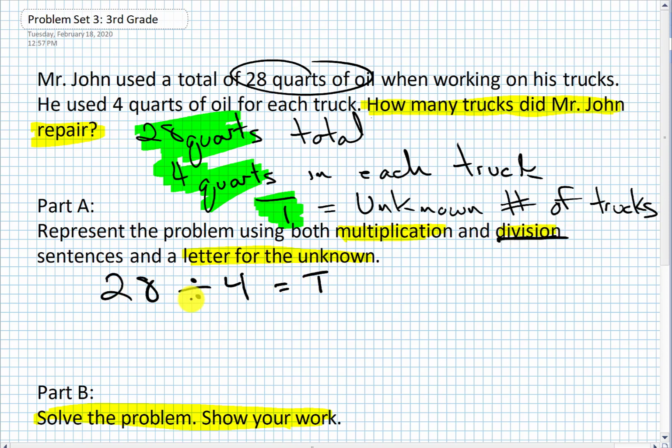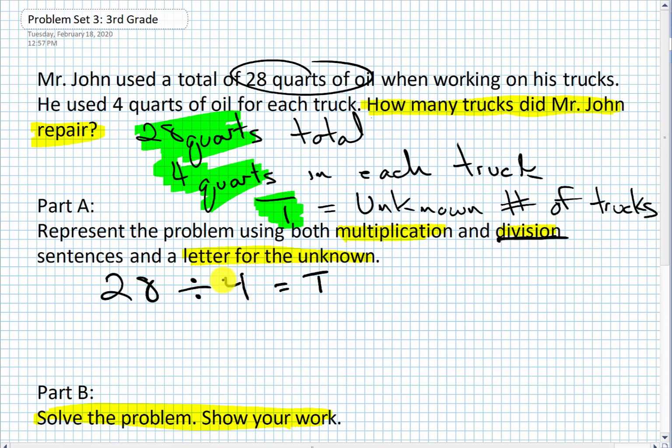Now we can actually use these same 3 numbers, rearrange them a bit, because there is a relationship between multiplication and division. There's an inverse relationship. Inverse means opposites. And we can use that inverse relationship to represent this as multiplication. So we'll do that. Let's say we did 4 times the number of trucks.